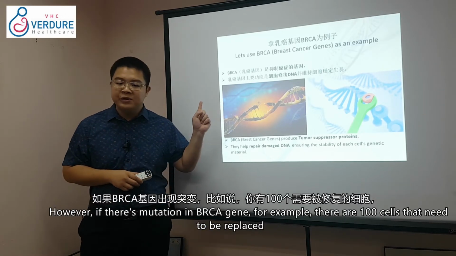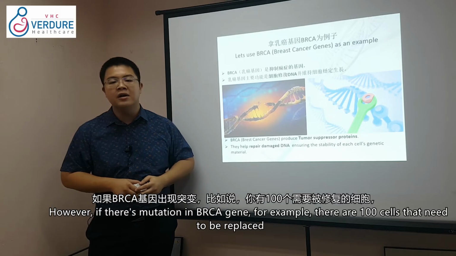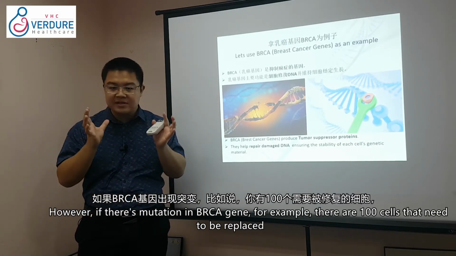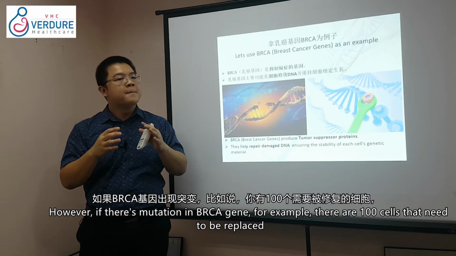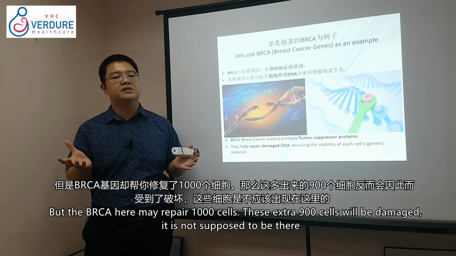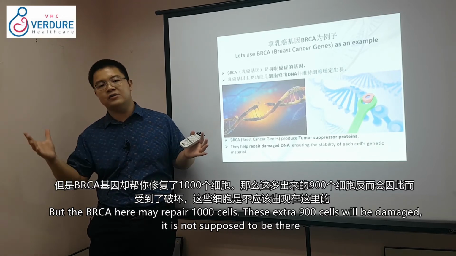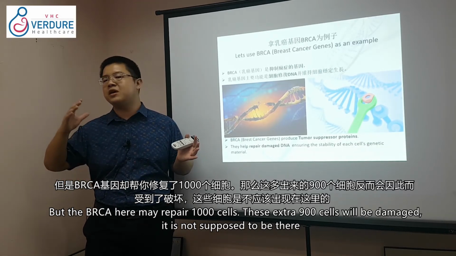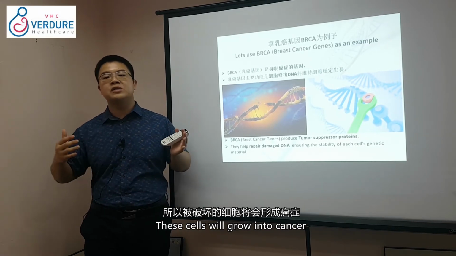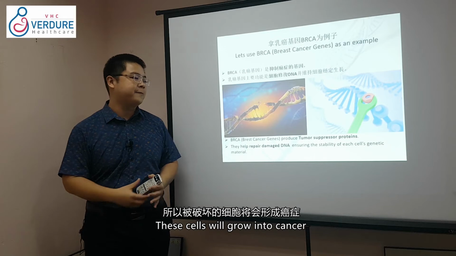However, if there's a mutation in the BRCA gene, what it does is that, for example, there are 100 cells that need to be replaced, but BRCA here made you 1,000 cells. So these extra 900 cells, they will get damaged, they're just not supposed to be there. So these cells, they will grow into cancer.